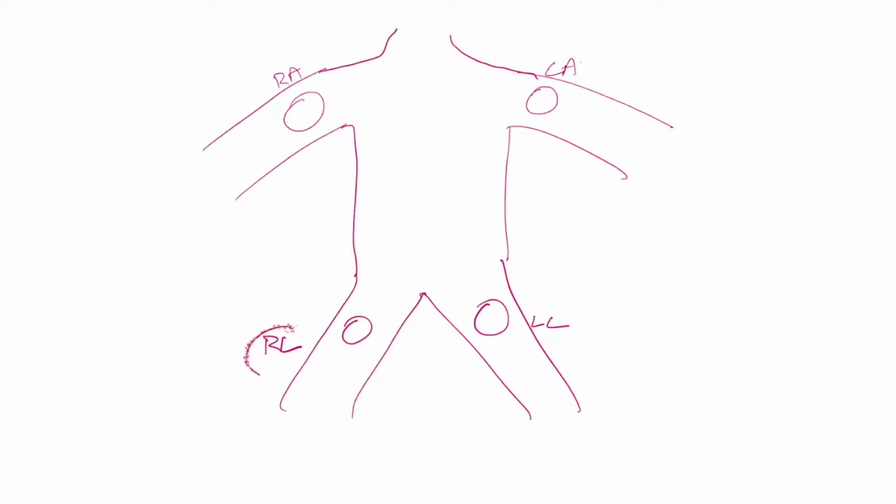Now, the right leg is the neutral lead. What this does is it looks at any background noise, things that are of no relevance, and tries to eliminate them from the EKG, while the other leads help us see which way electricity is flowing.